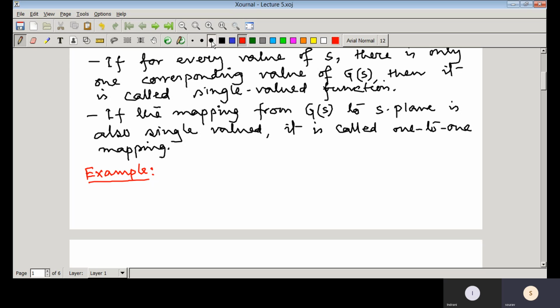Say you have a function G(s) equal to 1 by (s plus 1). Here s is the complex variable, mapped from the s plane to the G(s) plane.